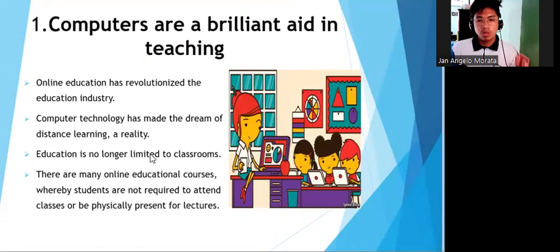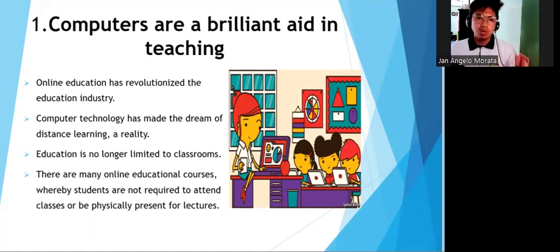May mga schools tayo dito na nag-o-offer ng online education sa ating mga OFWs. And we have also the Open Universities, transnational school, distance school, open universities na nag-o-offer ng distance education.